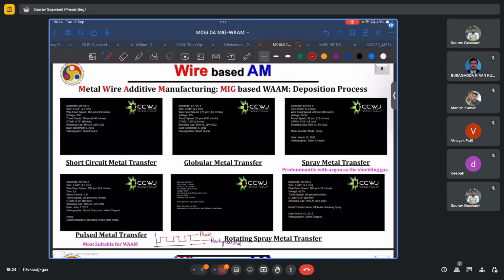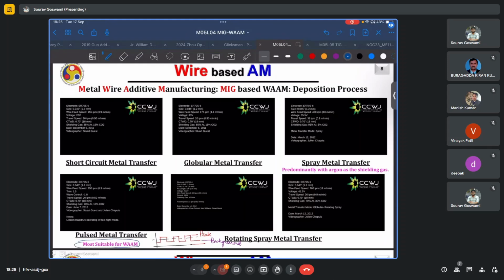For calculation of power, we resort to some intermediate or mean current, and thus it may be seen that this process is also more efficient in terms of power consumption, and it is also stated that this is the most suitable method for WAAM.